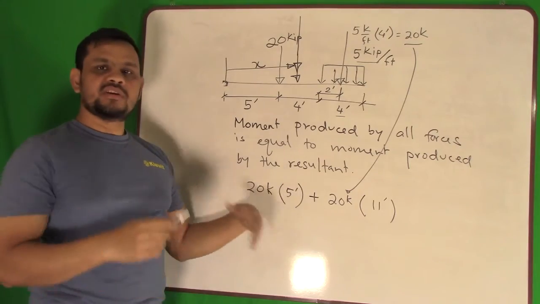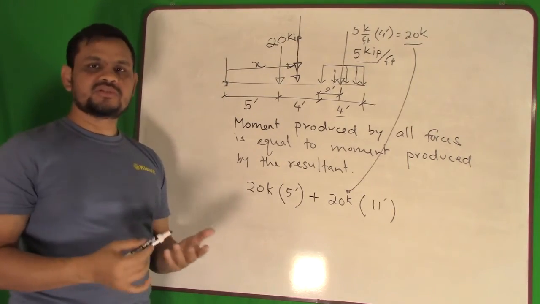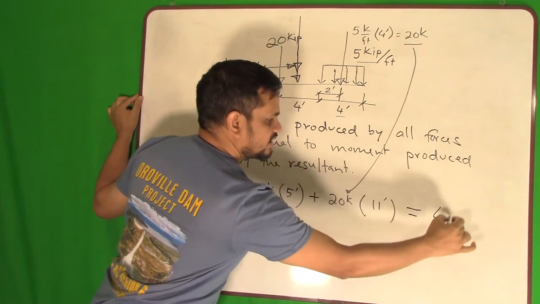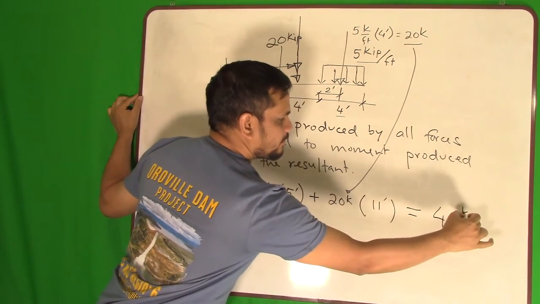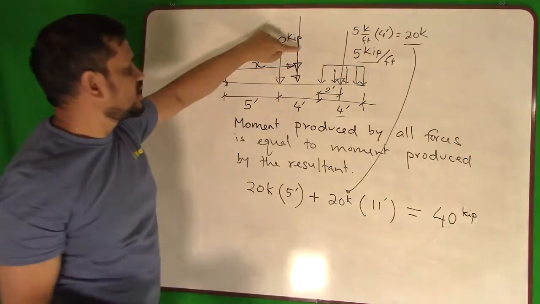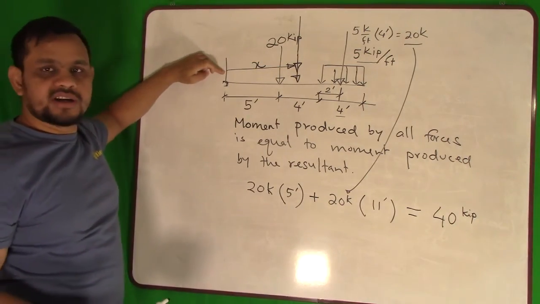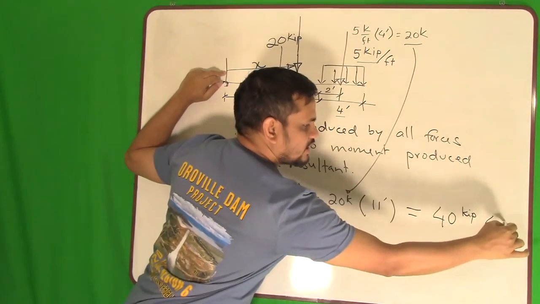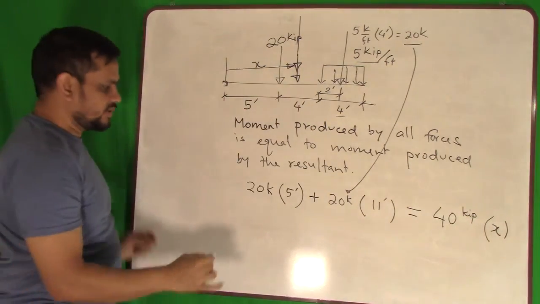It must be equal to the moment produced by the resultant. What is the resultant? Resultant is 40 kip. Where is it acting from this point? X distance. Then we can solve it.